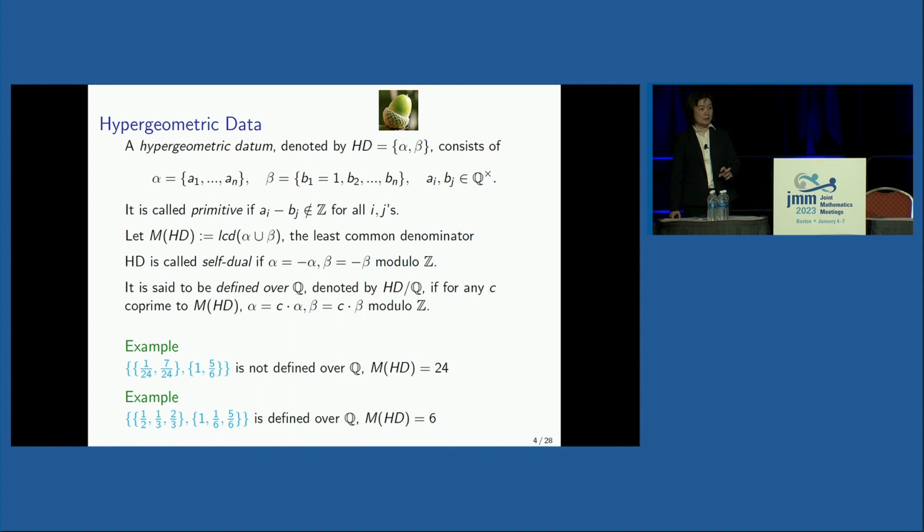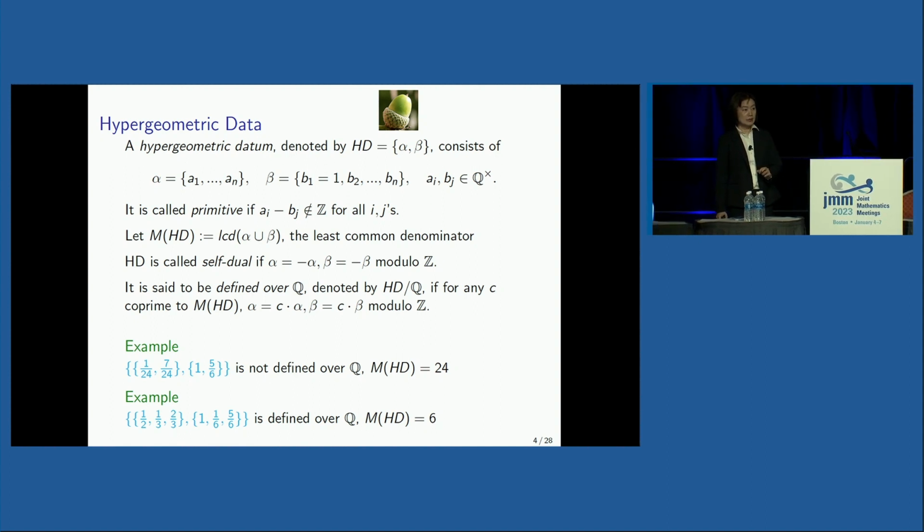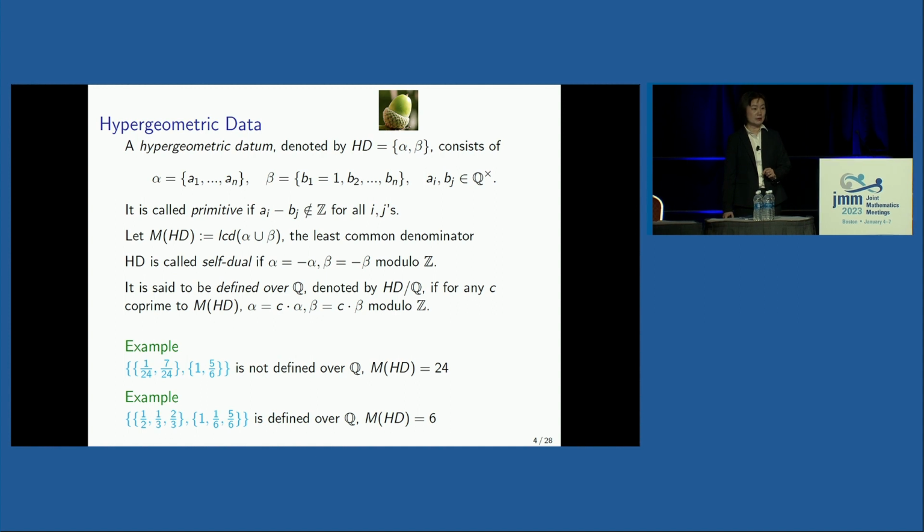Given such a pair, the length is the length of the multiset. There is another notion called the level, which is the least common denominator of all the a_i and b_j.